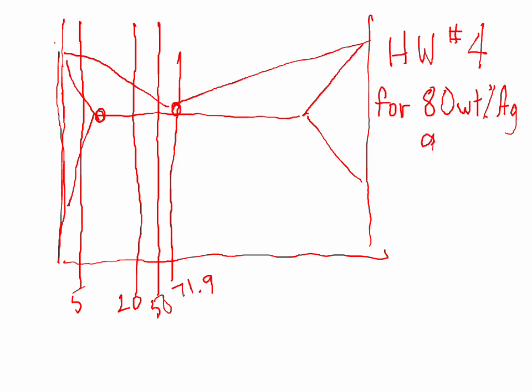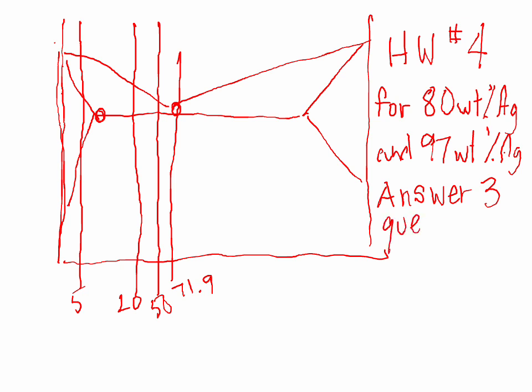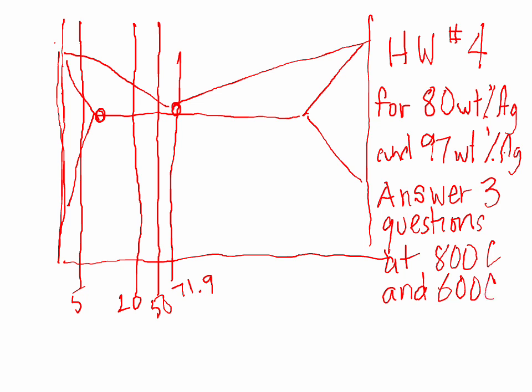We'll say a 97% silver alloy, for those two compositions, answer the 3 questions that we've been asking, at 800 C and 600 C. So we'll call that part 1 of homework number 4.